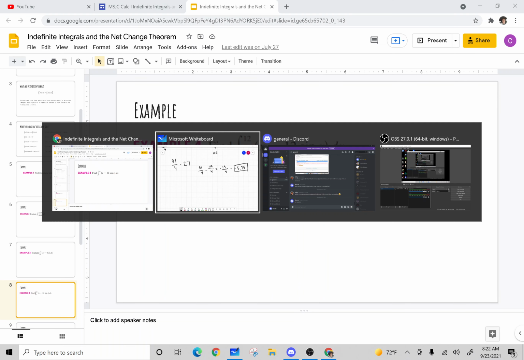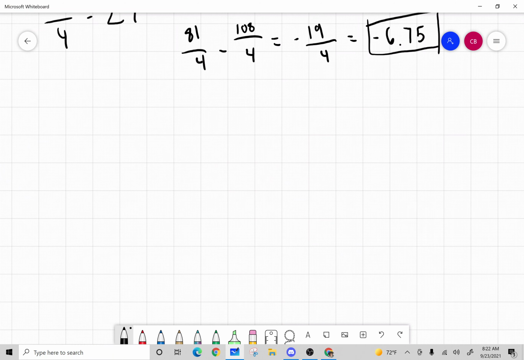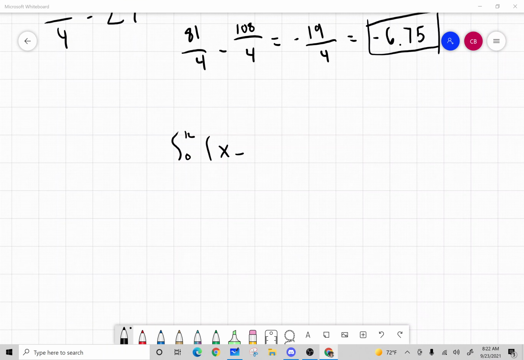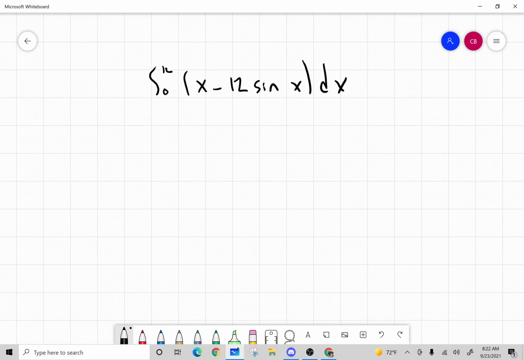Okay, let's do the next one. So we've got the integral from 0 to 12 of x minus 12 sine x dx. We are going to separate it, 0 to 12 of x minus, I'm going to actually pull this 12 out right now, 12 times the integral from 0 to 12 of sine x.